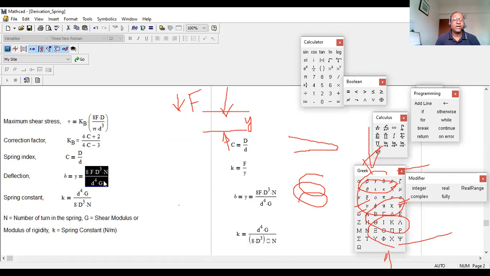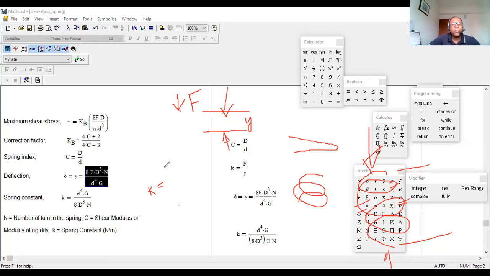So if you have the deflection of the spring or deformation, you can get the spring constant, because spring constant K equals force per unit deformation.